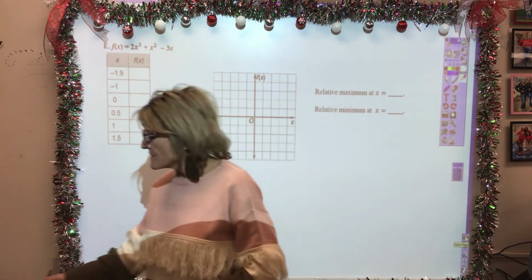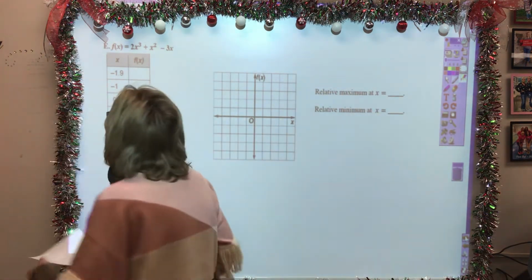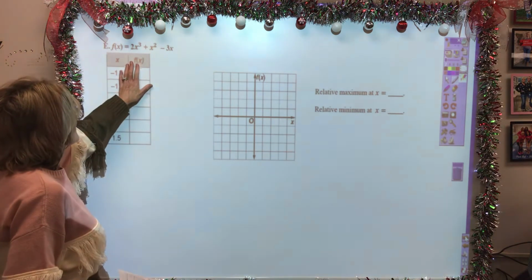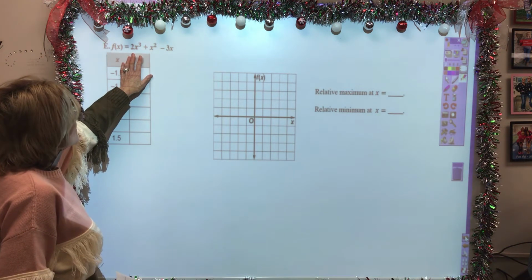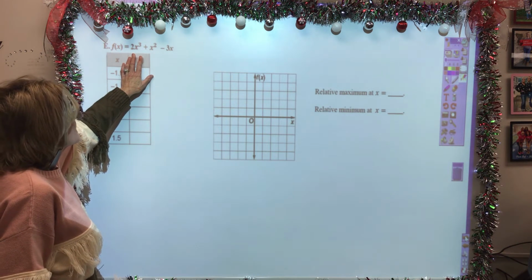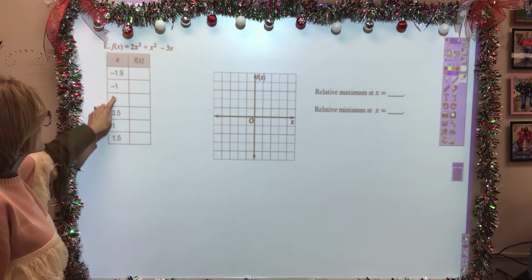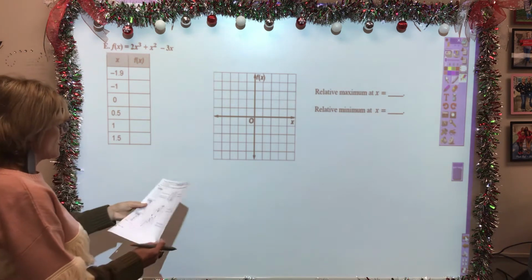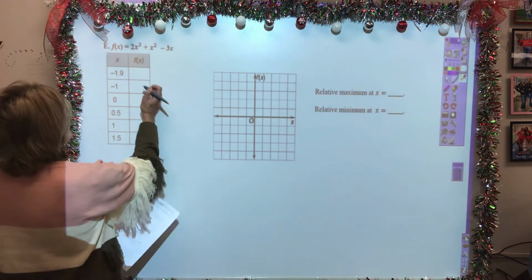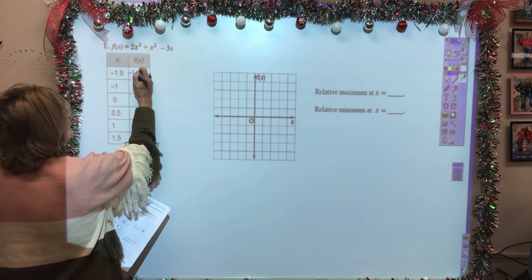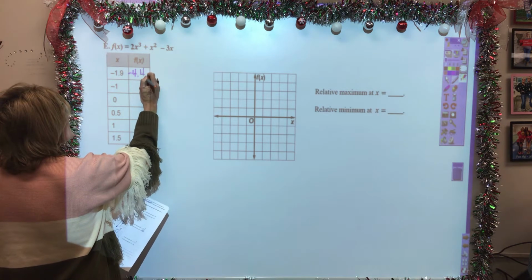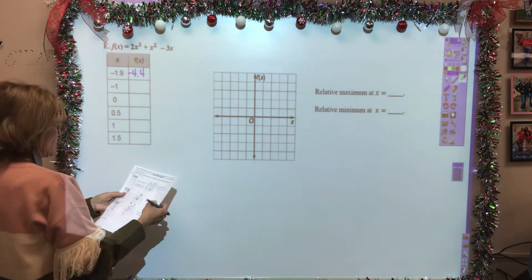Okay, so I'm going to give you the values that are going to go in this function, 2x cubed plus x squared minus 3x, if we were to plug in these numbers for x. The first one would be about negative 4.4. That's when x is negative 1.9.